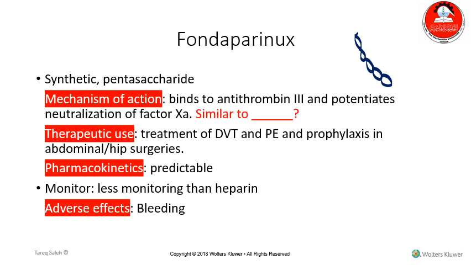That's why fondaparinux exerts its anticoagulant effects by binding to antithrombin 3, potentiating its effects and ability to inactivate factor 10 only. And this is similar to how low molecular weight heparins work.